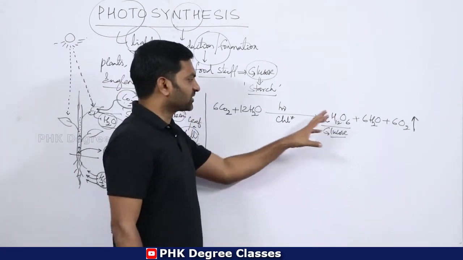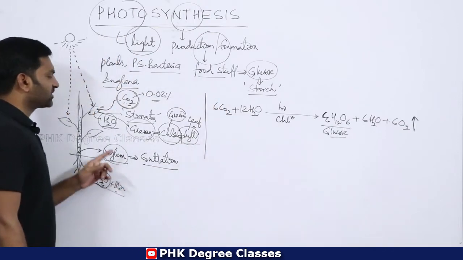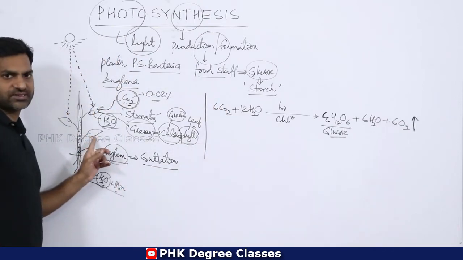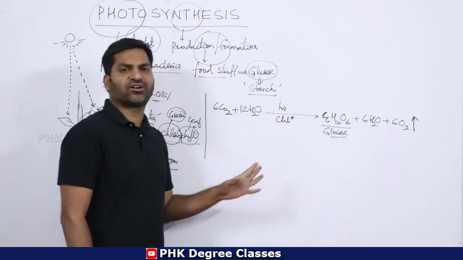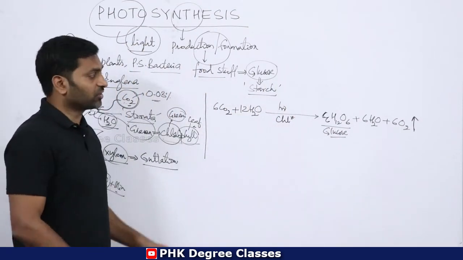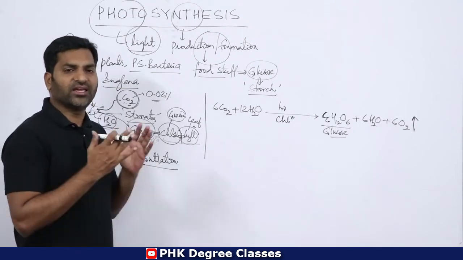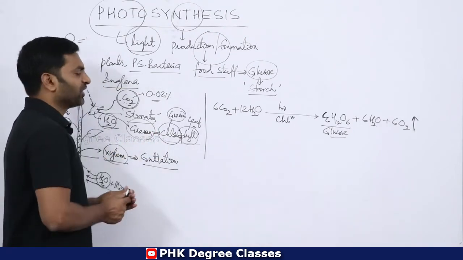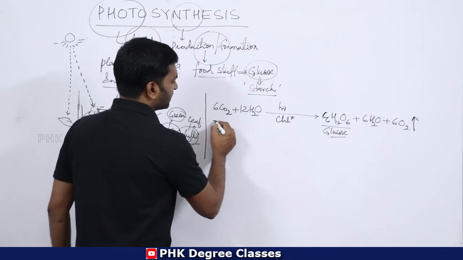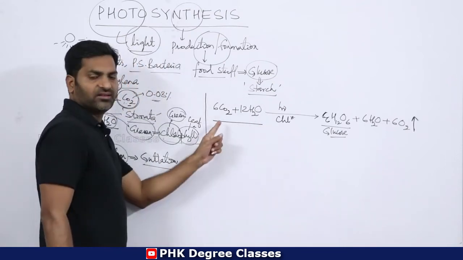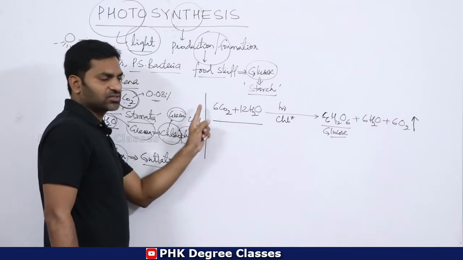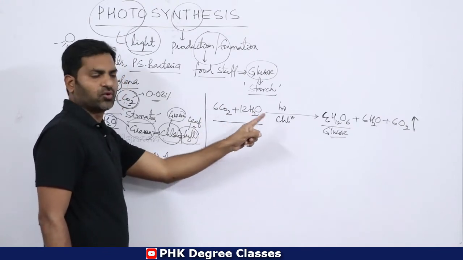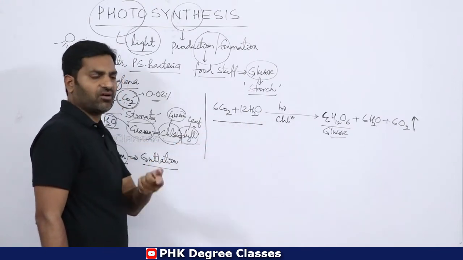Clear? So this is about the equation of what? The photosynthetic process. If you analyze the equation of the photosynthetic mechanism, you can get some clarity over each and every aspect. So what are these? These are sources: sources for the production of glucose or for the production of oxygen.